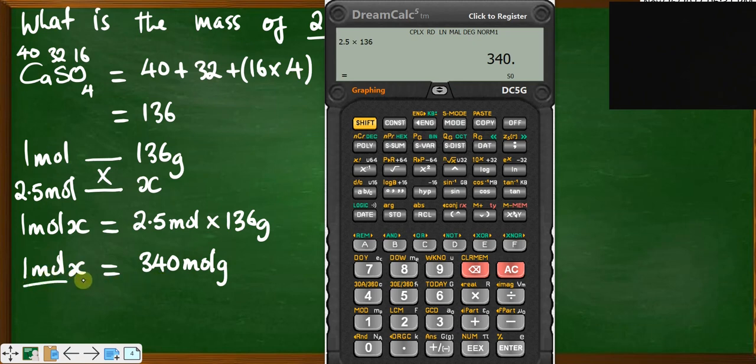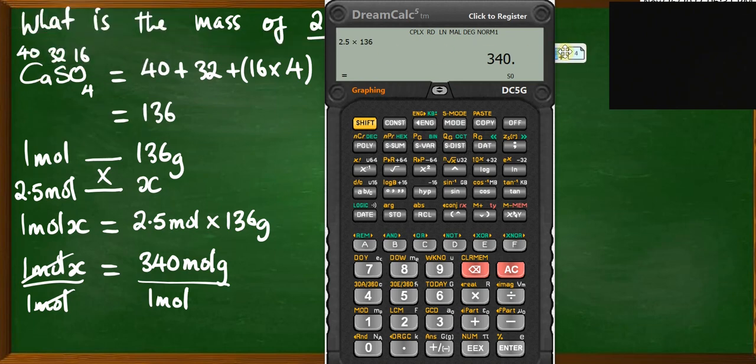So I'll divide here by 1 mole. Equally here, I'll do the same, 1 mole. So this 1 mole goes with that, so that I remain with x. Then this mole and this mole will go. Then I'll say 1 into 340, it will be 340. Then here the gram will remain and bring it here.